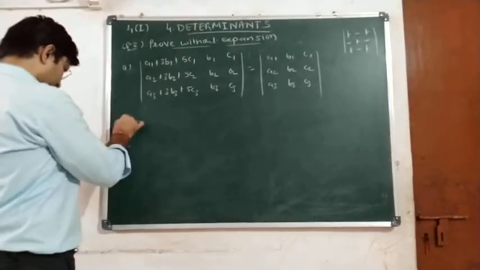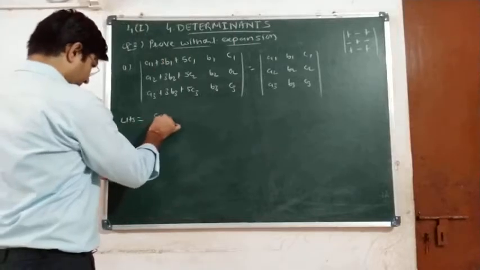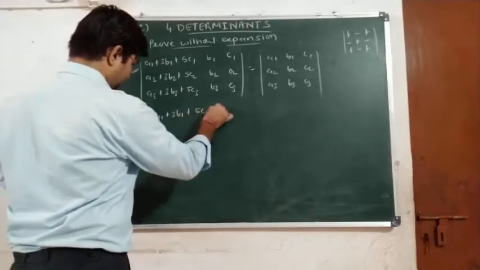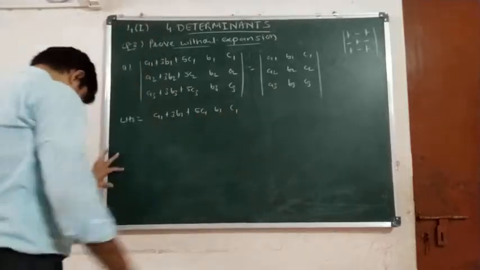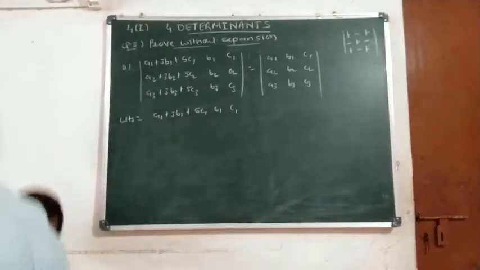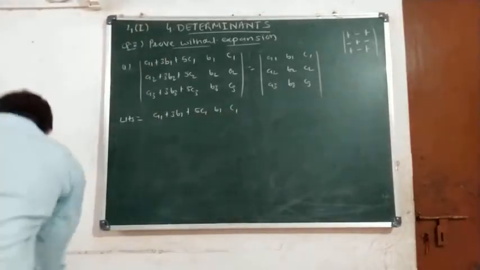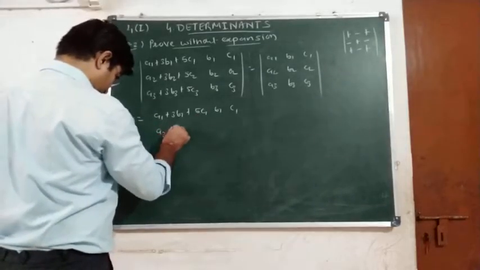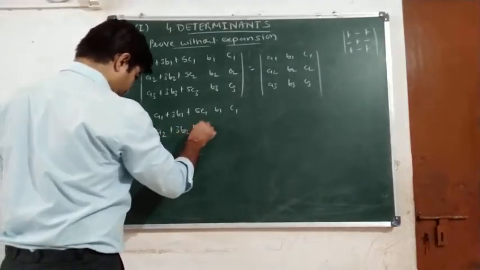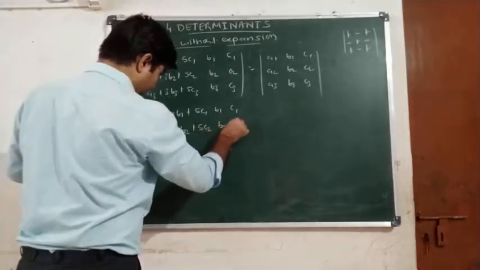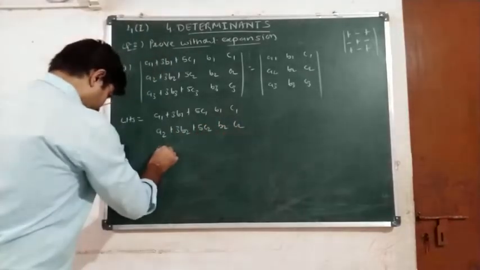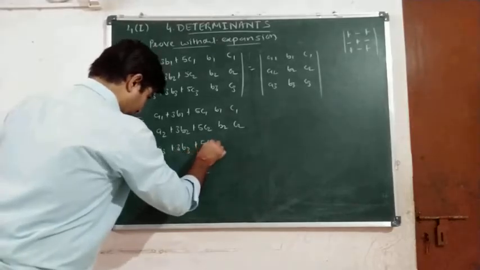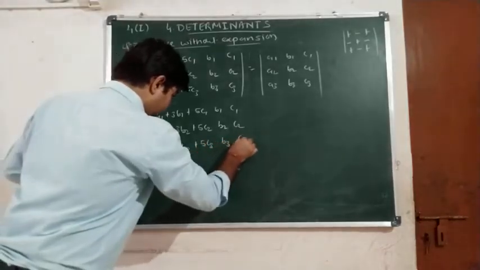Let us take the left hand side, LHS. Okay, a1 plus 3b1 plus 5c1, b1, c1, then a2 plus 3b2 plus 5c2, b2, c2, and a3 plus 3b3 plus 5c3, b3, c3.